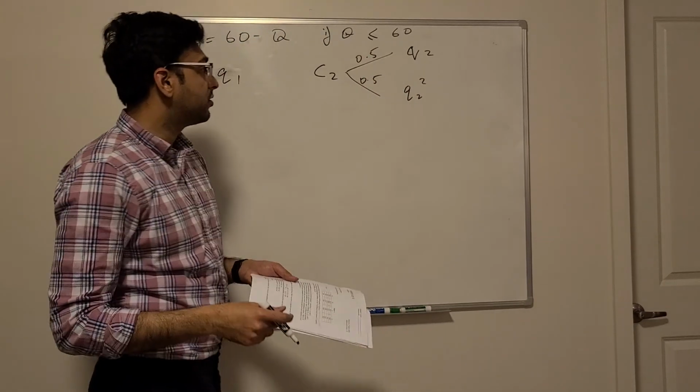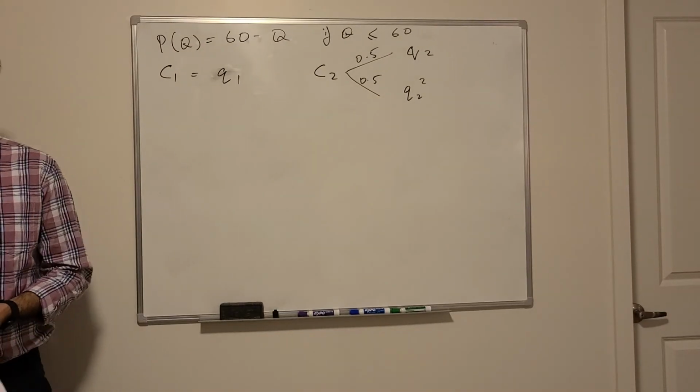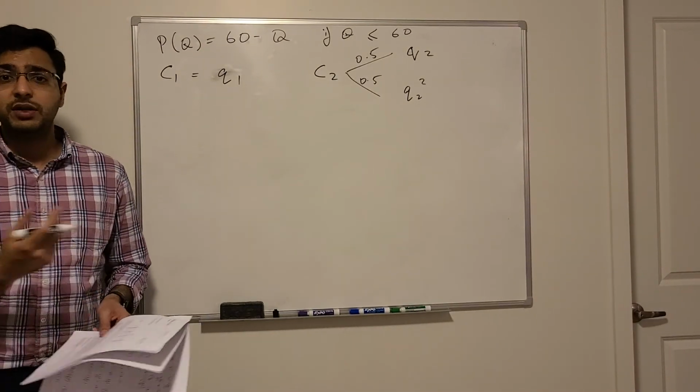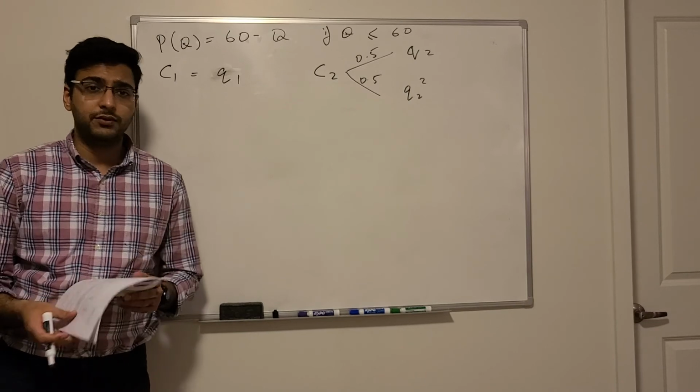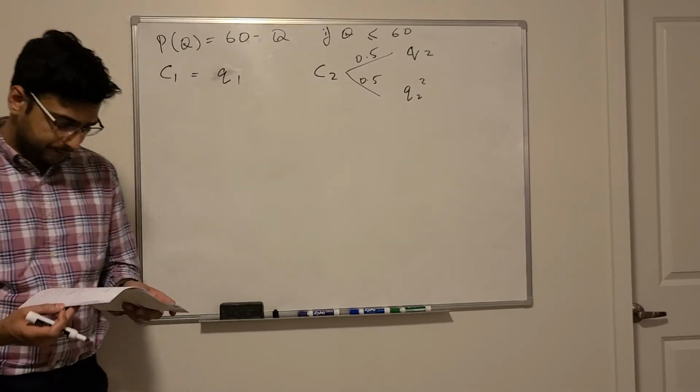Right, so there's a 50% chance that the cost of the second firm is just Q2, and there's a 50% chance that the cost for the second firm is Q2 squared.